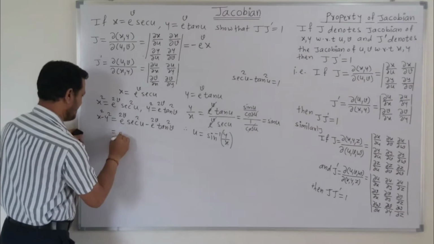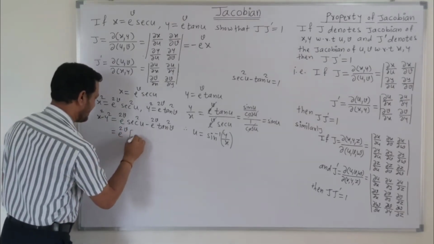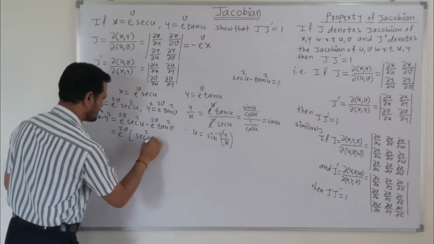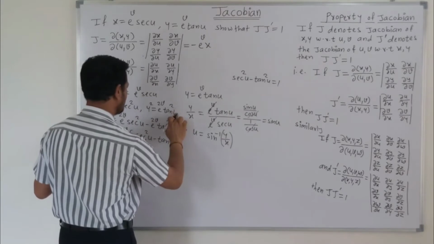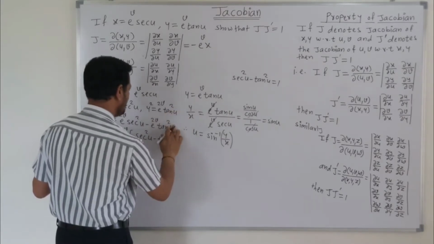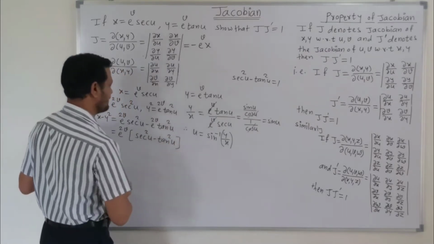If we take e raised to 2v common, the remaining term is sec square u minus tan square of u.